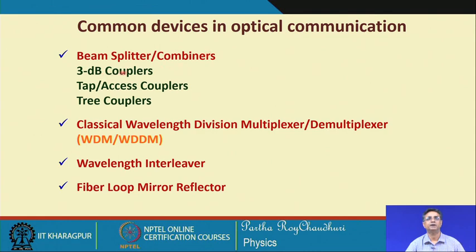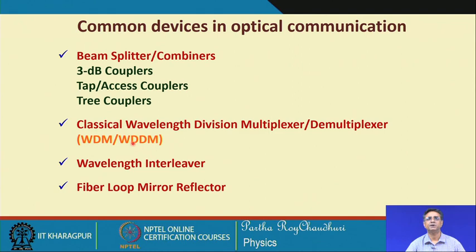The beam splitter could be any 50% splitting coupler. It could be a tap or access coupler, which are used in optical communication systems. They are very useful and important components in the network. Then tree and tap couplers, that we will also see.